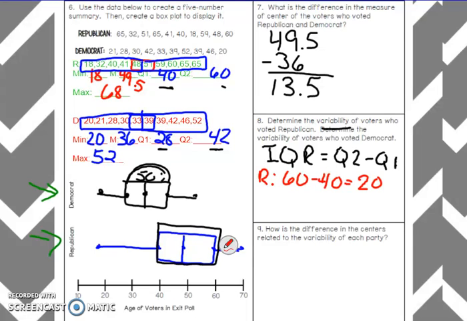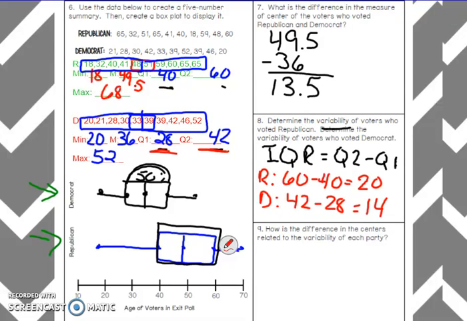So there's a range of ages there, a 20-year span of the age. The Democrats are 42 and 28. That's these numbers right here. Their span of ages is 14 years. So when they talk about variability, they're talking about that range of those quartiles.